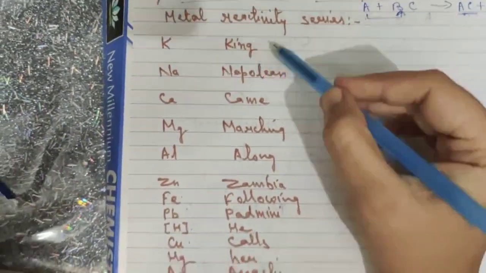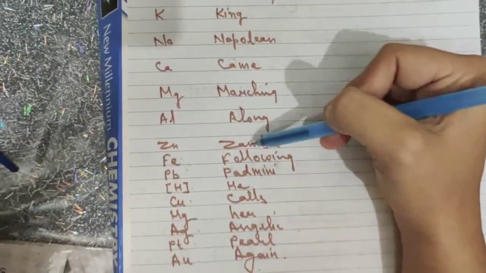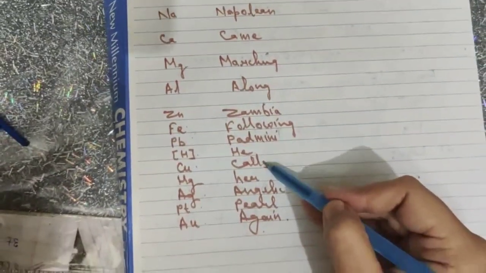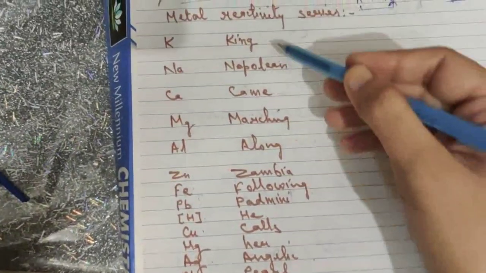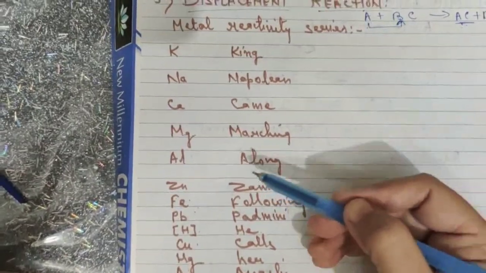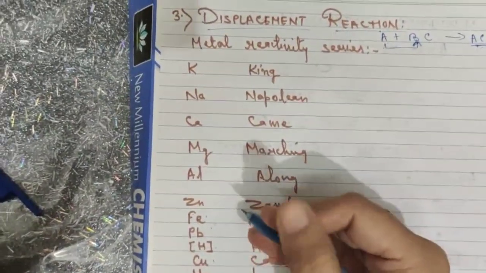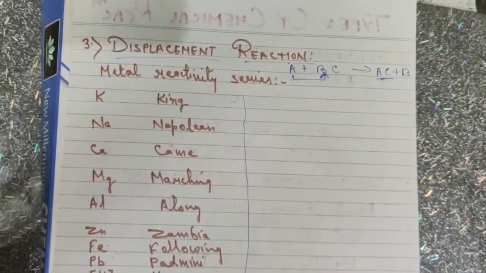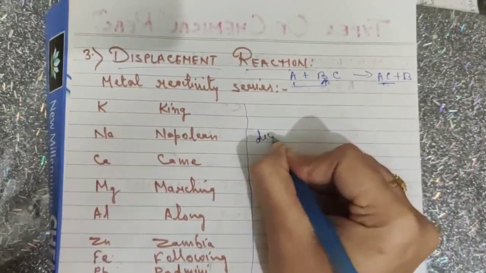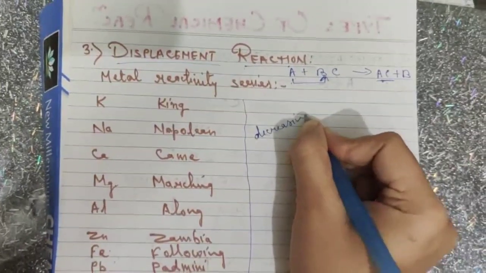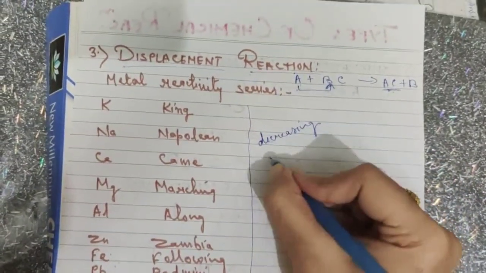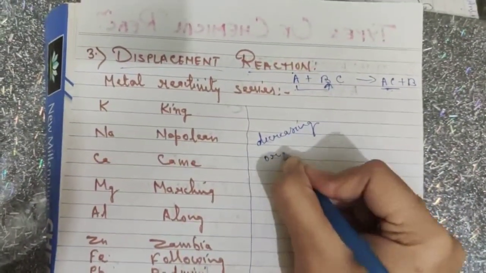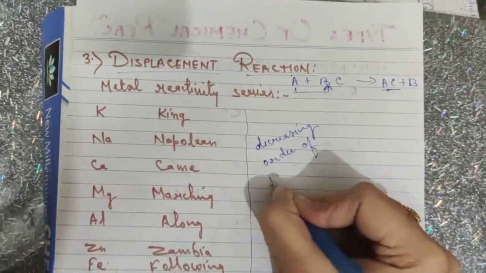That is, King Napoleon came marching along Zambia, following Padmini, he calls her angelic pearl again. So by remembering this, you can simply recall the elements in the correct order. The elements are arranged in decreasing order of reactivity.